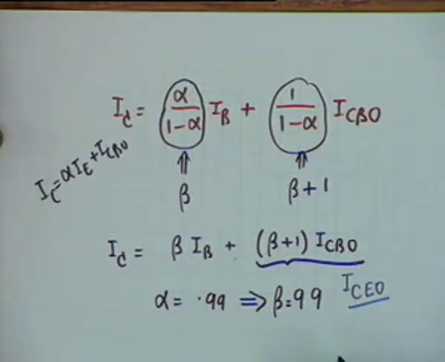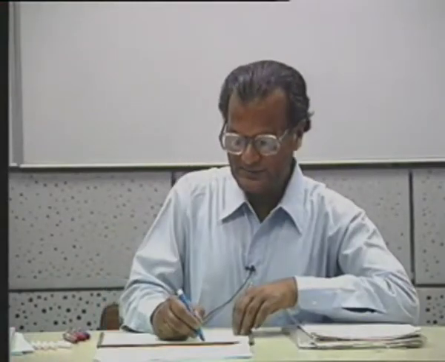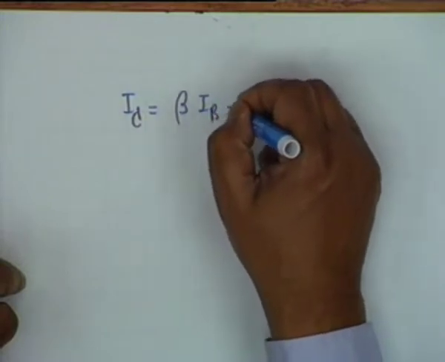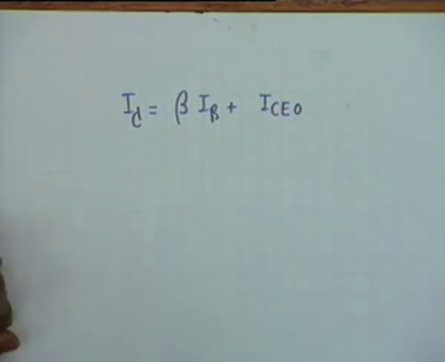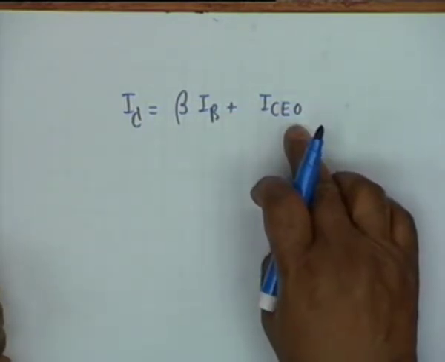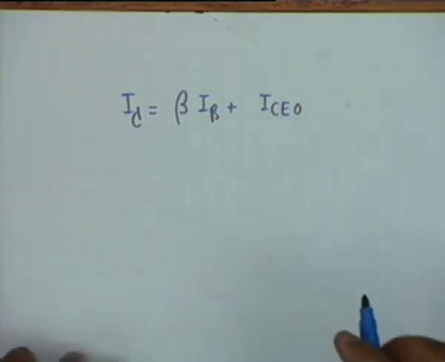Therefore my characteristics now become: I sub C, the output current, is beta I sub B plus I sub CEO, which is beta plus 1 times ICBO. Now let's look at this relationship.